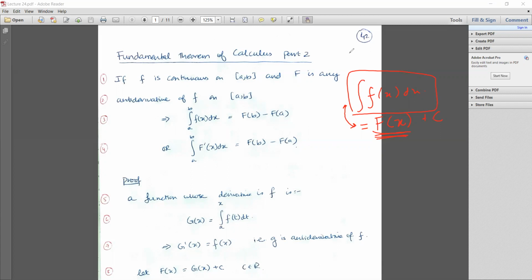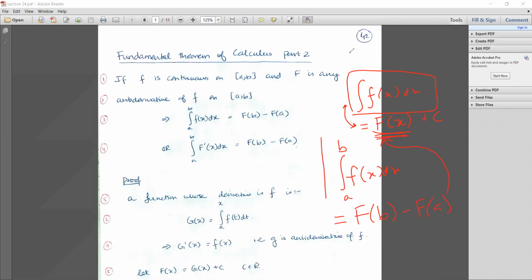Now I'm saying that if you want the integral of the same function, small f of x, but now it's a definite integral from a to b, which was, remember, this was the Riemann sum idea. We're saying this is the same as evaluating capital F at b minus capital F at a, where capital F was just the indefinite integral.